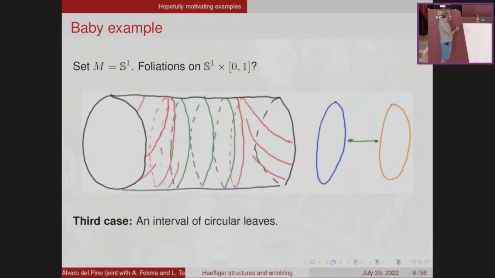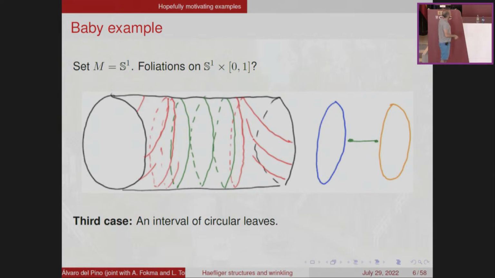Second example: now I thicken this central leaf to an interval worth of leaves. Again the orbit space is a bit similar. We have the two boundary circles of leaves and this interval worth. The leftmost circle is accumulating against the leftmost point, and the right circle is accumulating against the rightmost point.